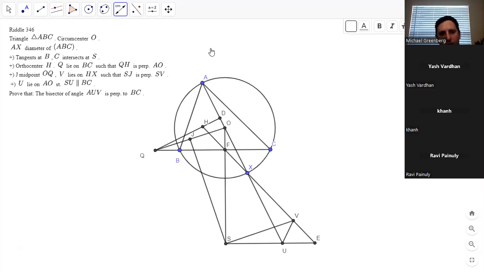So O is the midpoint of AX, J is the midpoint of OQ, F is the midpoint of BC. We have a lot of midpoints here. And maybe we could use harmonics to help with this problem. Because if we, like, we could form a rectangle, right?